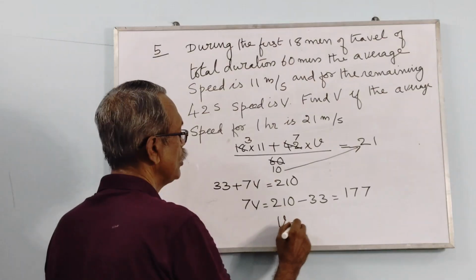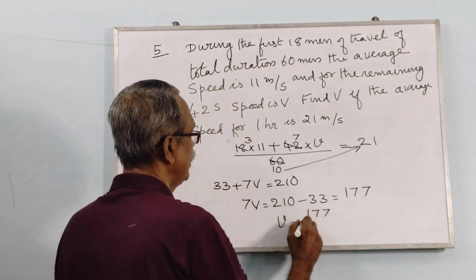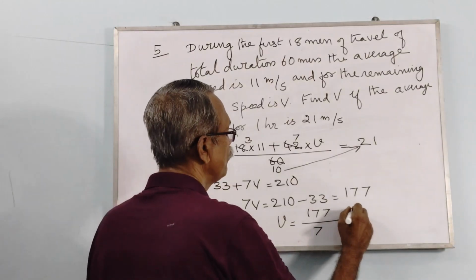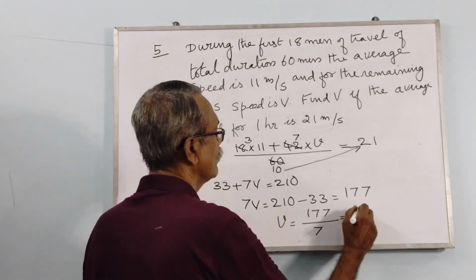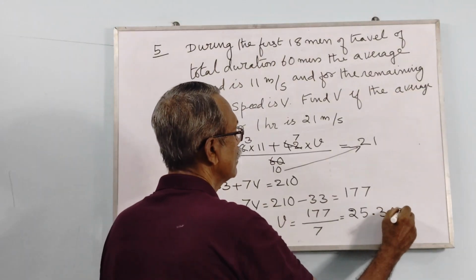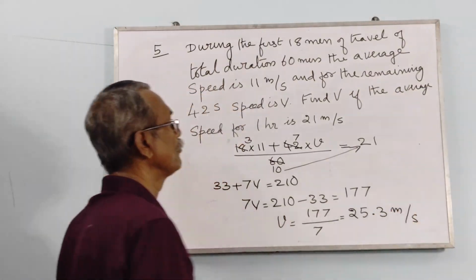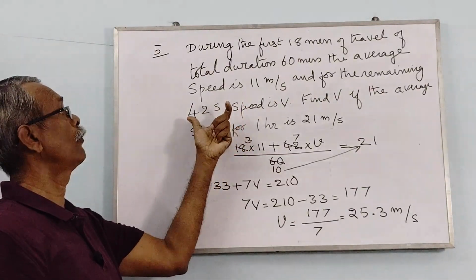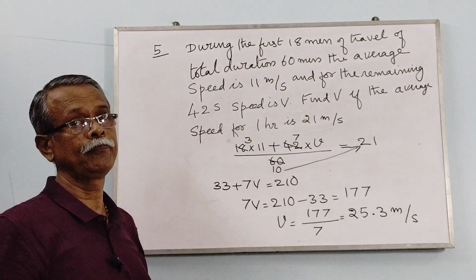So V will be equal to 177 divided by 7, which is equal to 25.3 meter per second. That will be the speed for these 42 minutes.